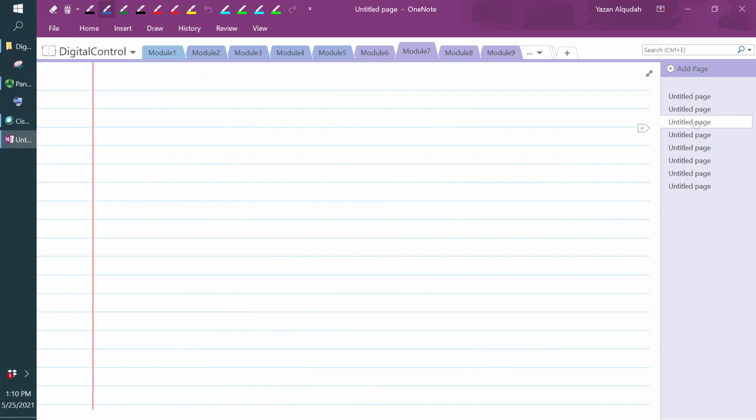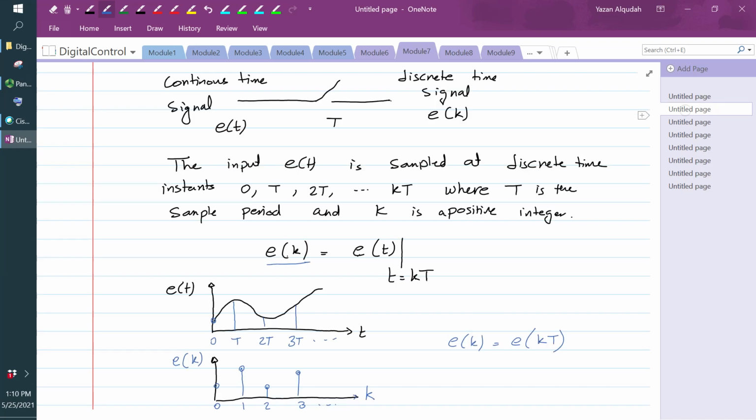Now the question that we're going to ask: what do we have to observe when we sample the signal like this in order to minimize the information that is lost?